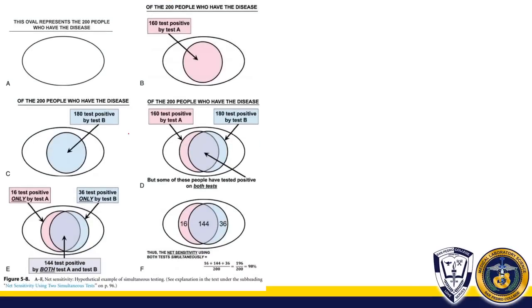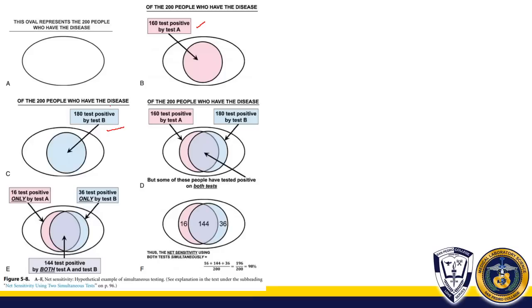So, try to look at this figure. For example, this oval represents the 200 people who have the disease. Now, kunwari daw, sa test A, 160 ang nag-positive. Sa test B, 180 ang nag-positive.